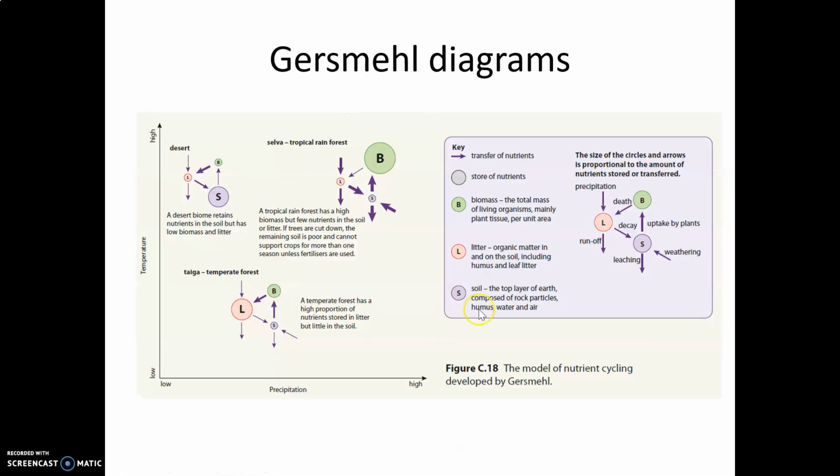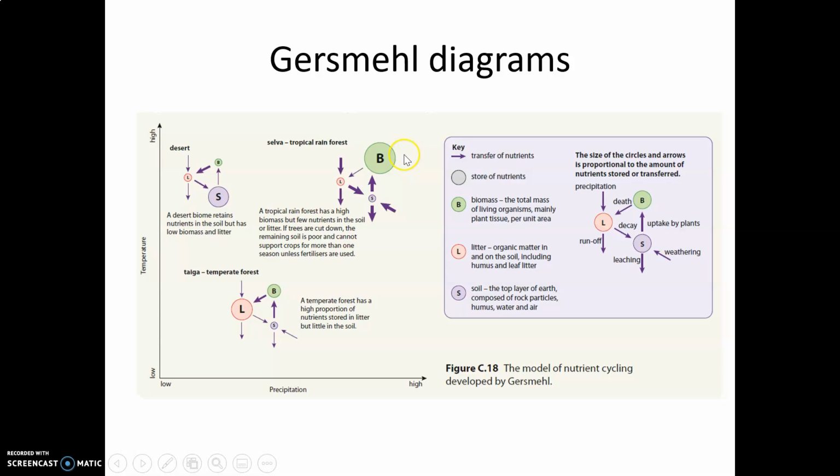And in your book, in the option handout, that's the PDF that I have uploaded to previous modules, so hopefully you have downloaded it. You have this figure C18, that has 3 different examples of Gersmehl diagrams, one for the tropical rainforest, one for a desert, and one for the taiga, a temperate northern type of forest.